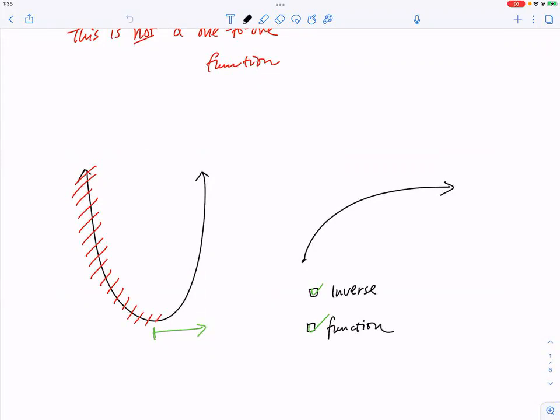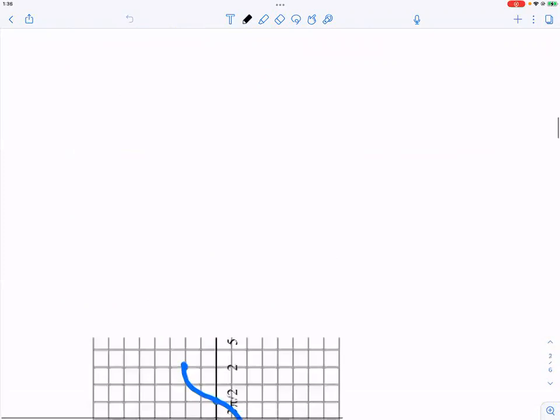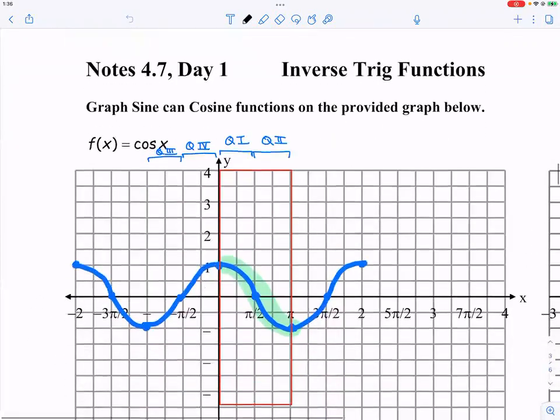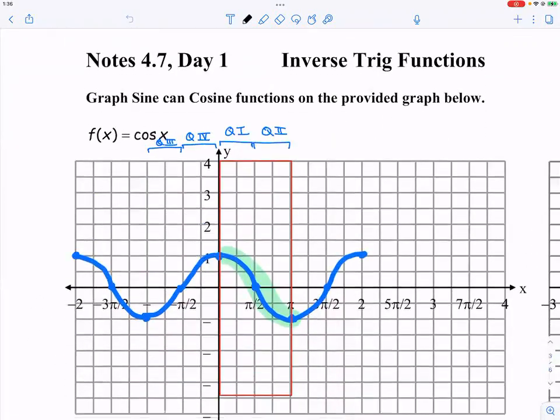So we want to make sure that the original function is a one-to-one function so that the inverse is also a function. If the original function is not a one-to-one function, then we must do something, and this something is the restriction of domain. Everyone should be fully capable of graphing a sine graph and cosine graph.